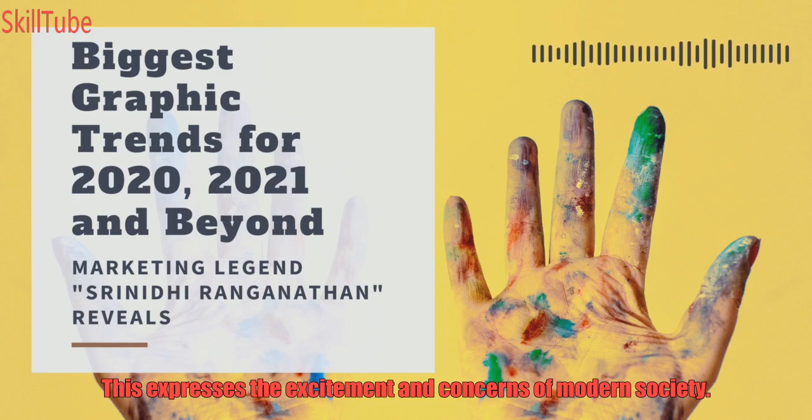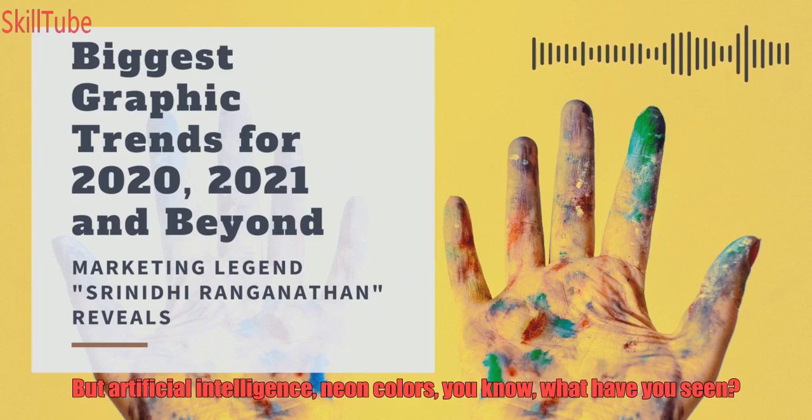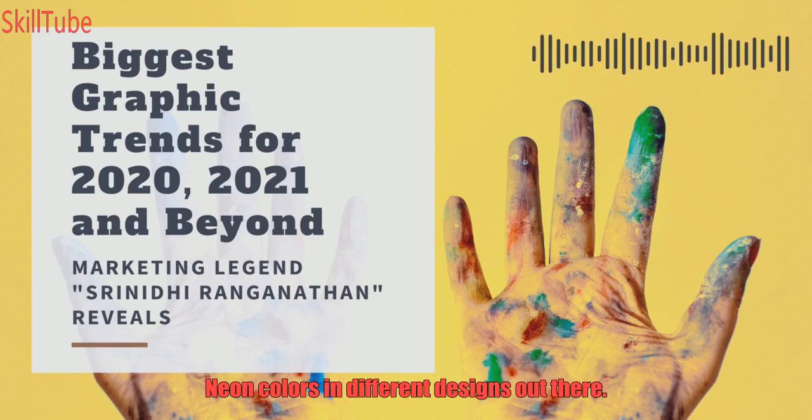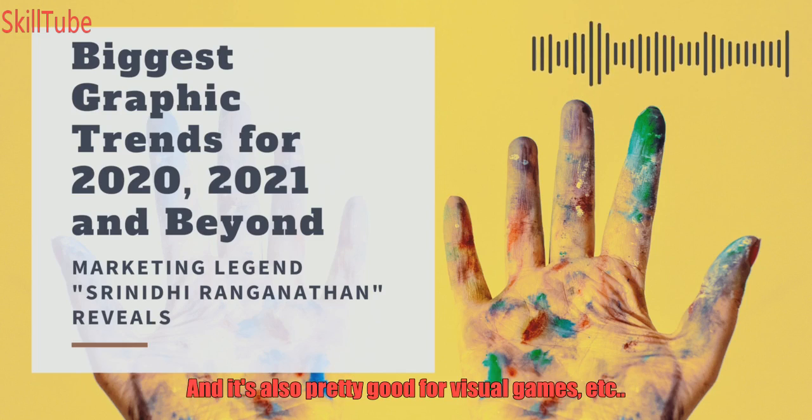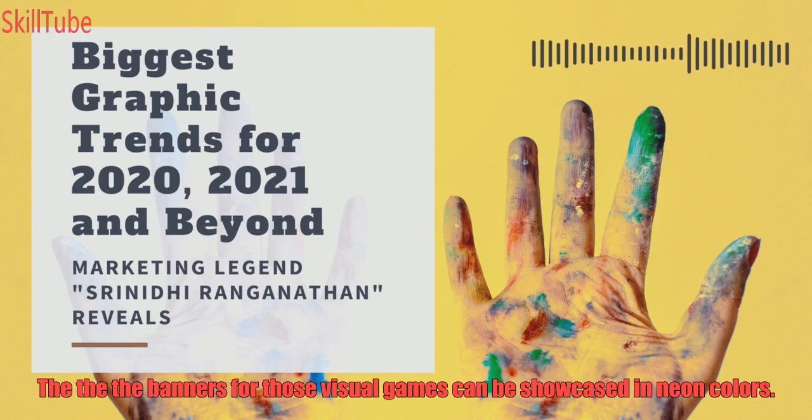This expresses the excitement and concerns of modern society about artificial intelligence. It's also pretty good for visual games, and the banners for those games can be showcased in neon colors.